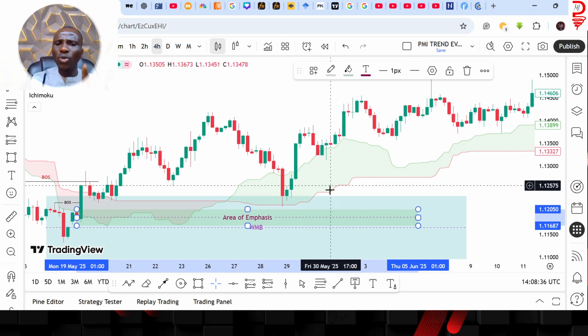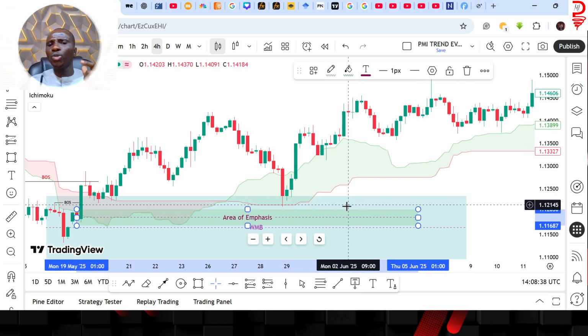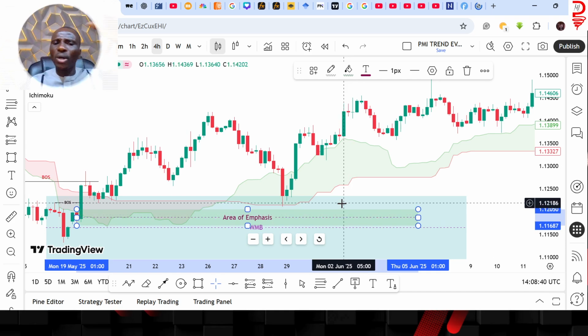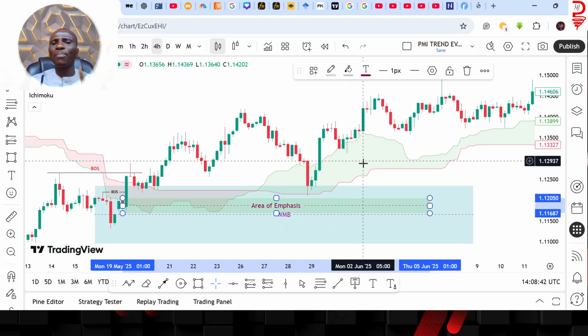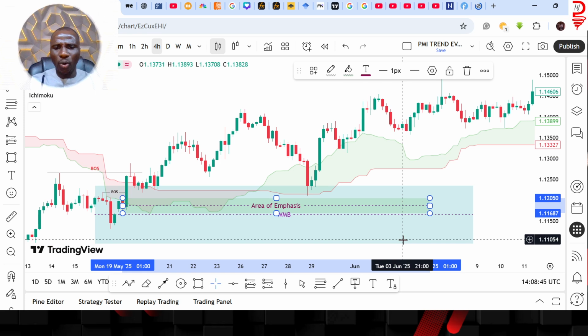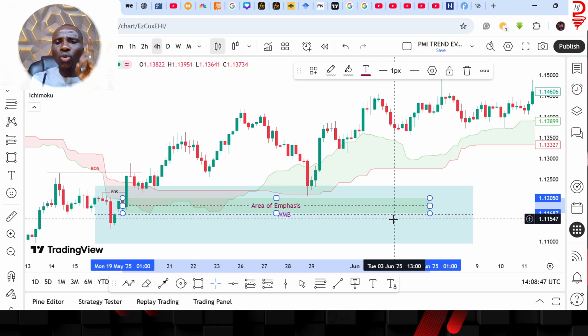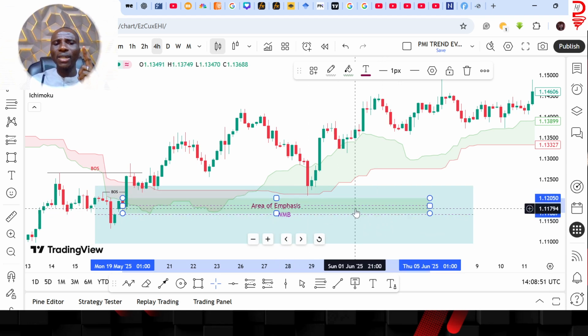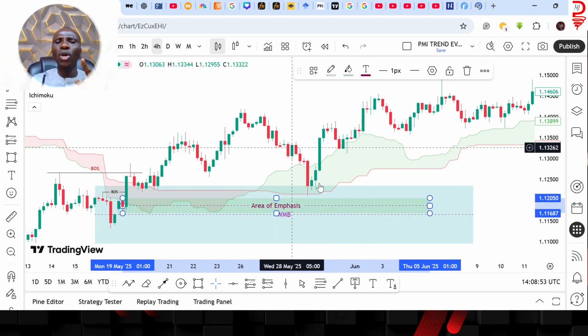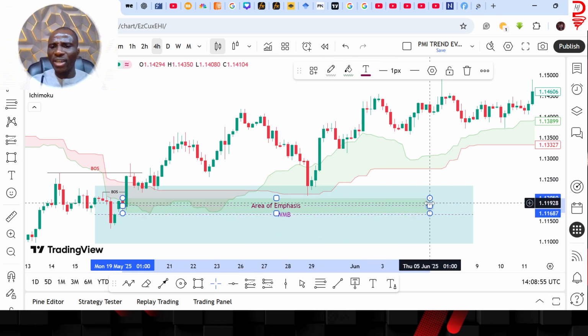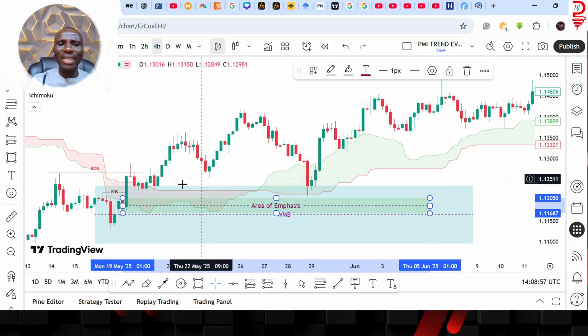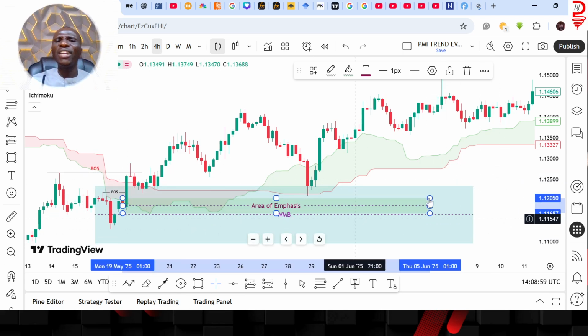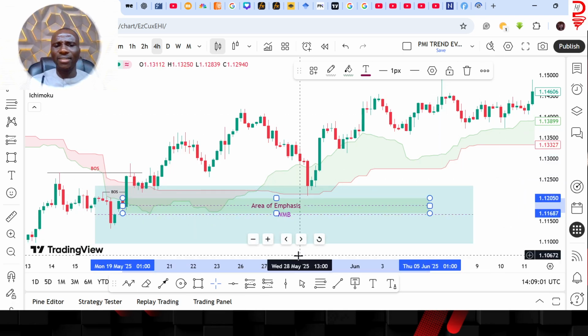Now, when you get to this place, you might need to go and listen to my video on money box. I said that when the price trades back into the money box, you have two possibilities. It is possible that the price does not trade into the area of emphasis, which means that within the money box, you have a lot of liquidity already.